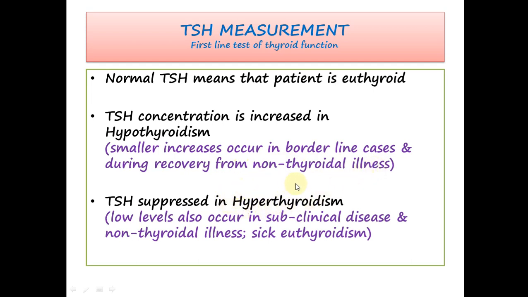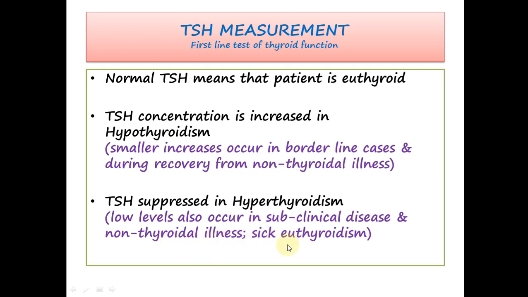In hyperthyroidism, TSH will be suppressed by the presence of excess thyroid hormone in the blood. However, in some conditions, low levels may also occur in subclinical diseases and non-thyroidal illnesses.